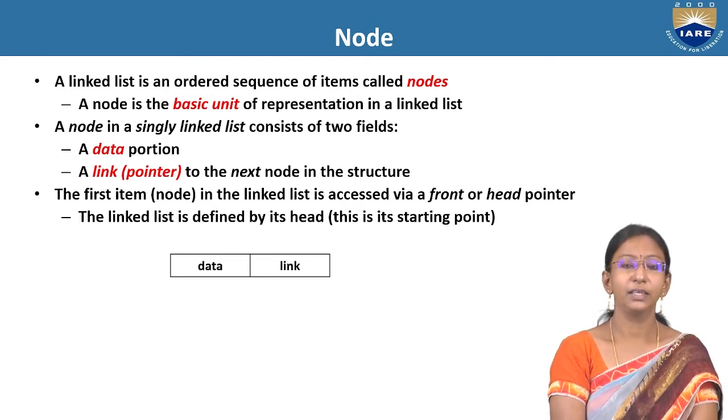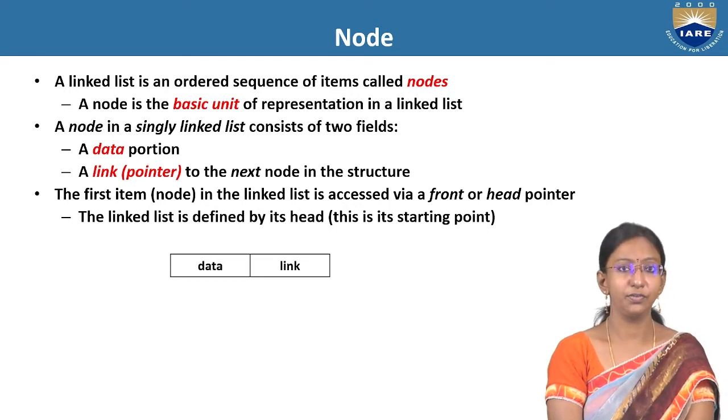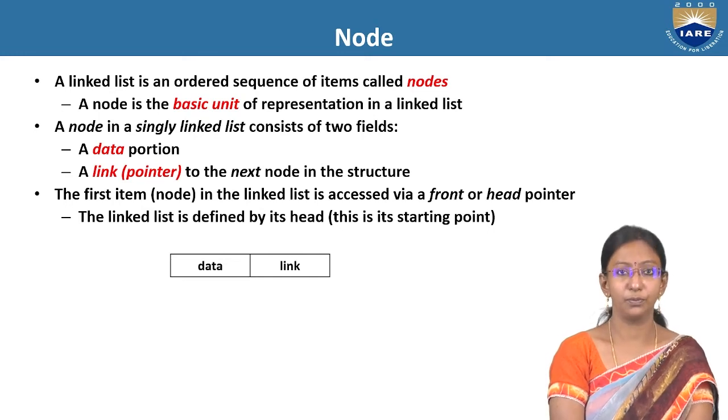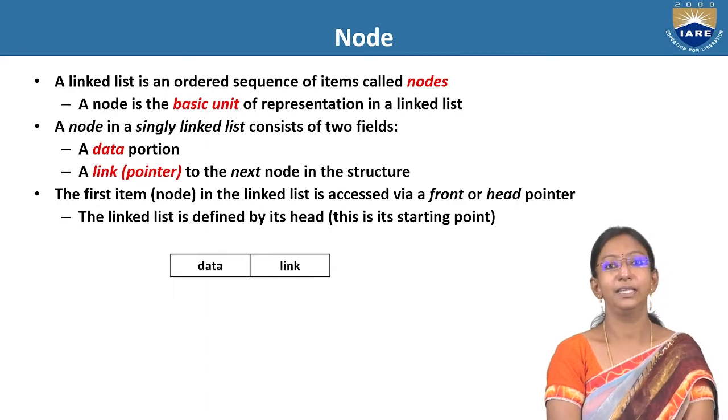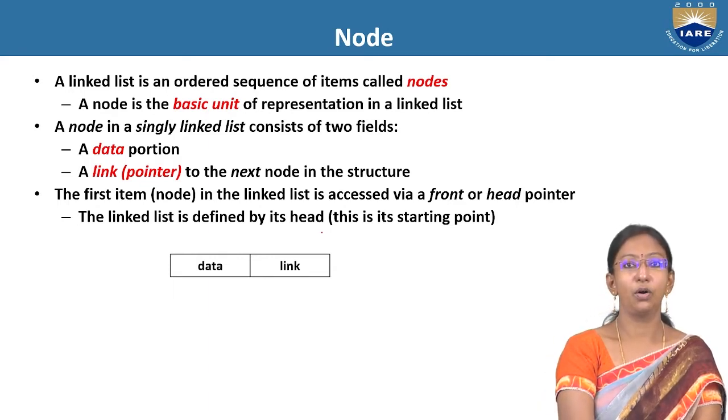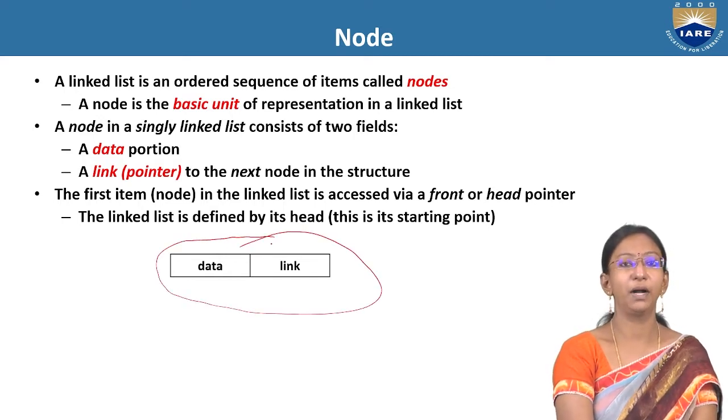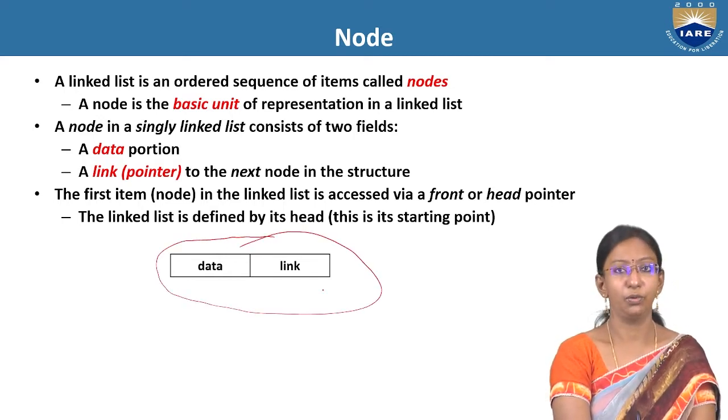In the case of single linked list, it is a collection of 2 items. One is the data part, the data which you want to store. Second is the link or the pointer, a pointer which holds the address of the next node, right? So a combination of data and link part is nothing but a node, right?